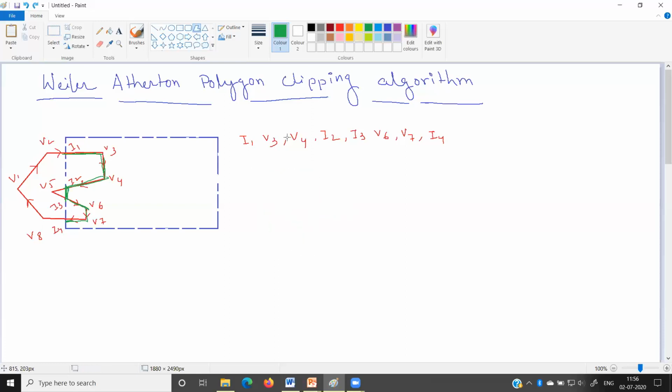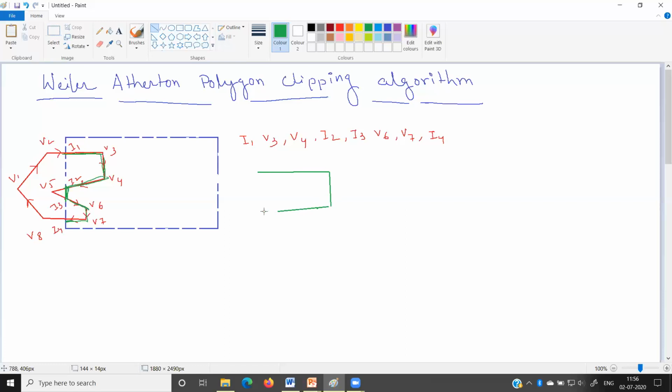Not like this one, I made a mistake. So let me draw it once again. So it will be like this one. And this is one.